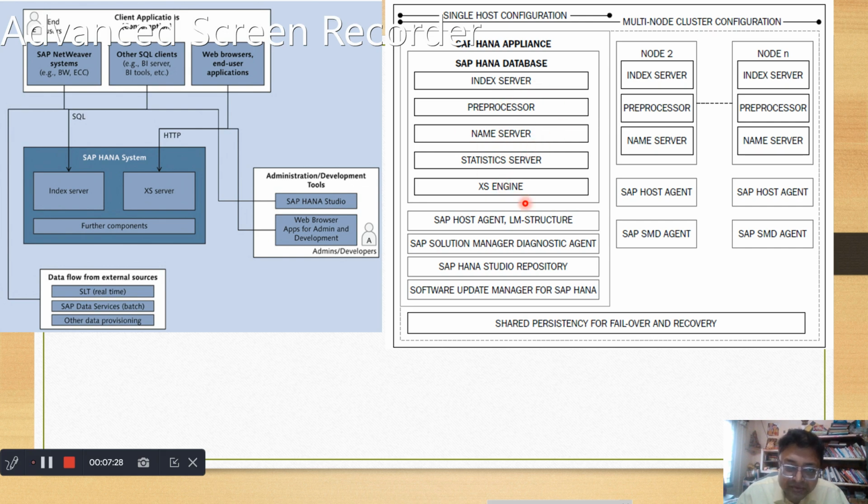I will tell you. SAP Host Agent, LM Structure, SAP Solution Manager, Diagnostic Agent. Connection is with everything: HANA Studio to repository, Software Update Manager, SUM for SAP HANA. So this part is under the HANA appliance. And here it is Host Agent, SAP SMD Agent, and shared persistency for failover and recovery.